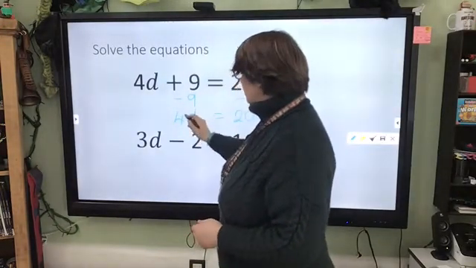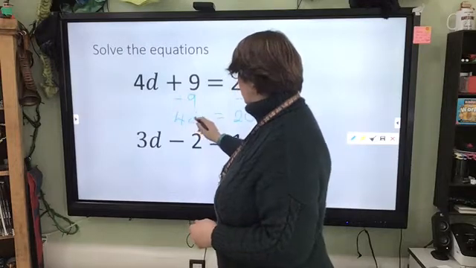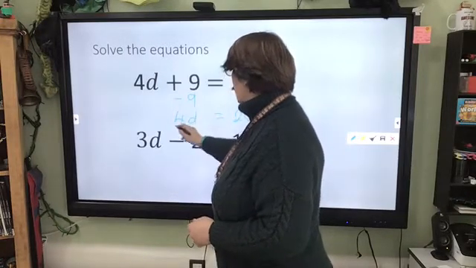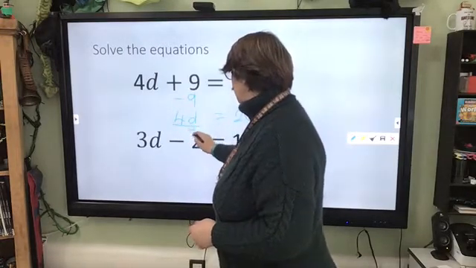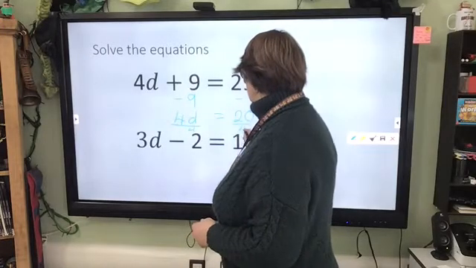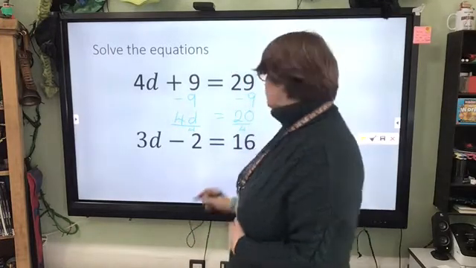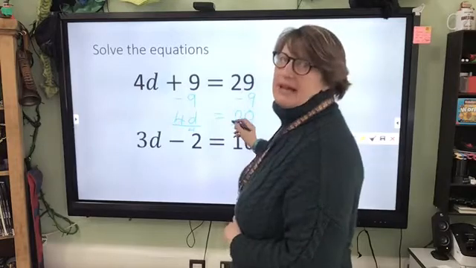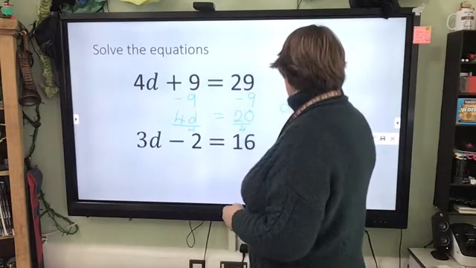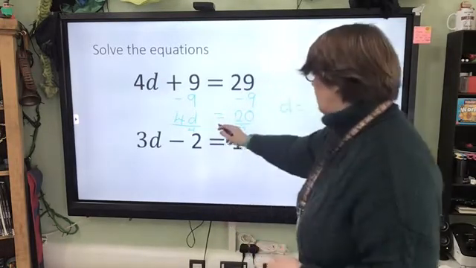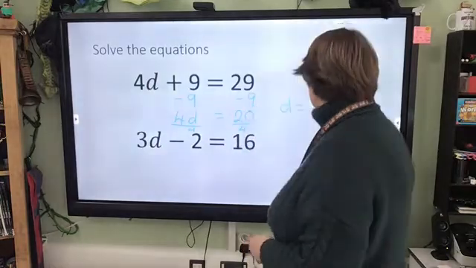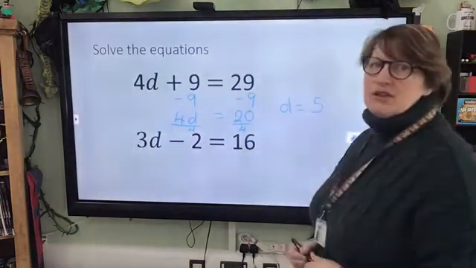And if I remember that 4D is the same as 4 lots of D, 4 times D, I will divide both sides by 4 to find the value of D. So on this occasion, we can say that D is equal to 4's into 20 go 5. So the answer is 5.